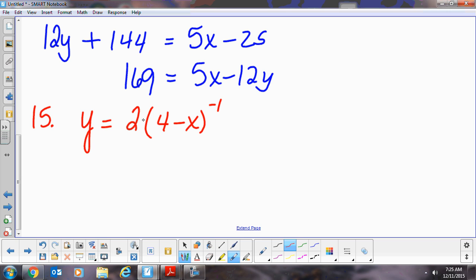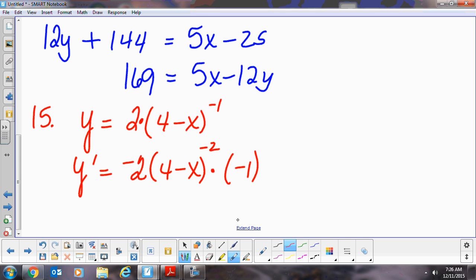All right, there's no variables in the numerator, so the chain rule would be the easiest. So we're going to do the first derivative, which is negative 2 times 4 minus x to what power? And what do you have to remember to do? Multiply by the derivative of the inside.